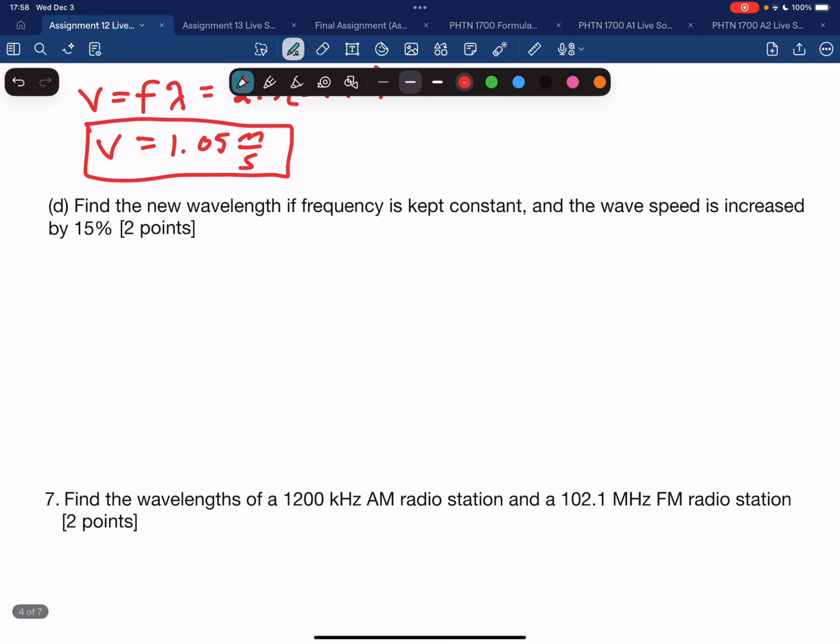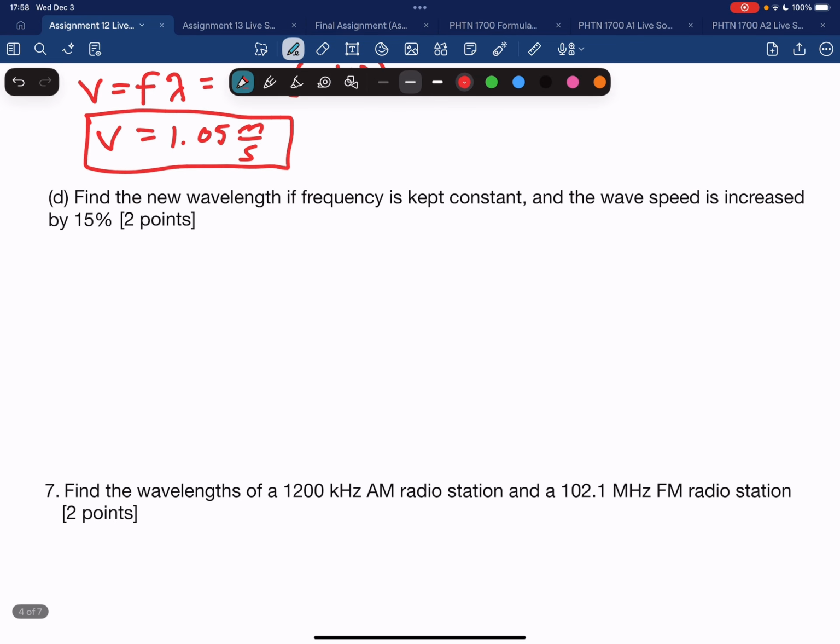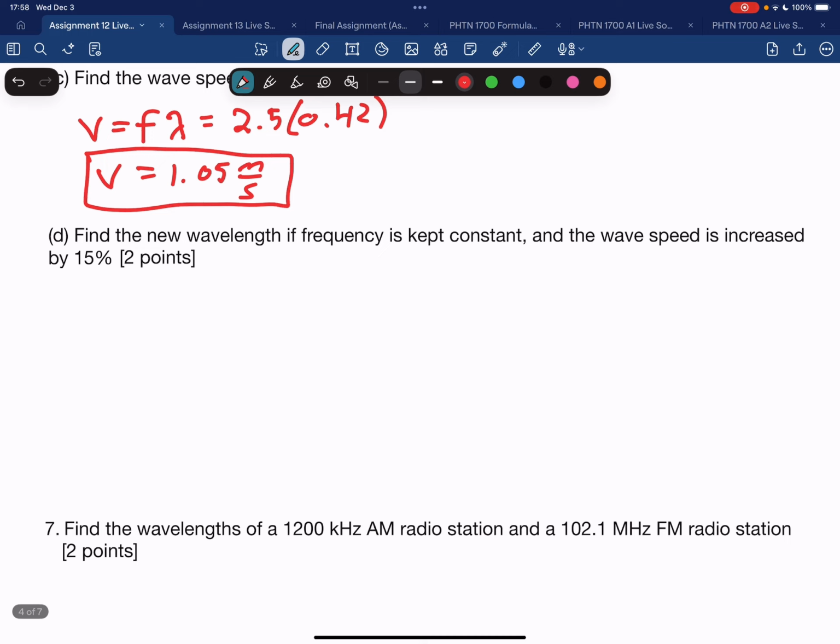D, find the new wavelength if frequency is kept constant and the wave speed is increased by 15%. So rearranging my previous wave equation, I have wavelength equals velocity over frequency.